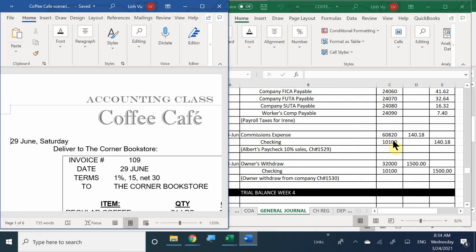So for today, let's try to just finish off the rest of the 2 days, and then when we come back from the break, we'll go ahead and do the unadjusted trial balance.